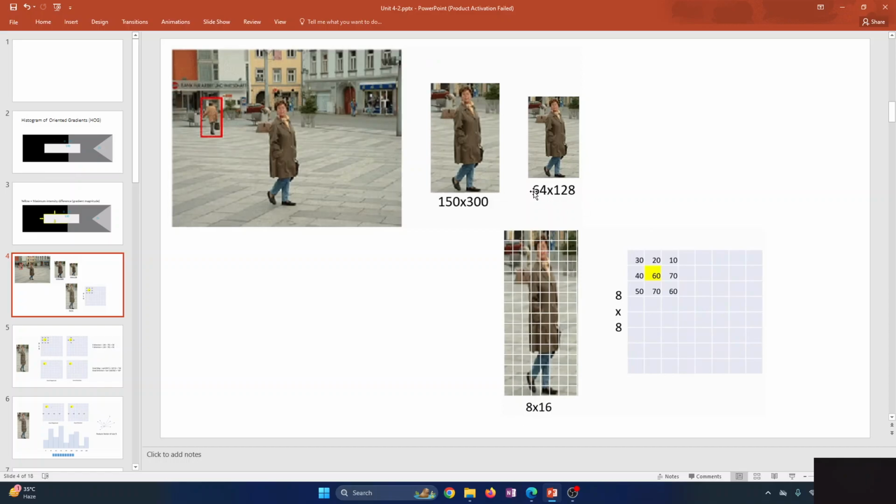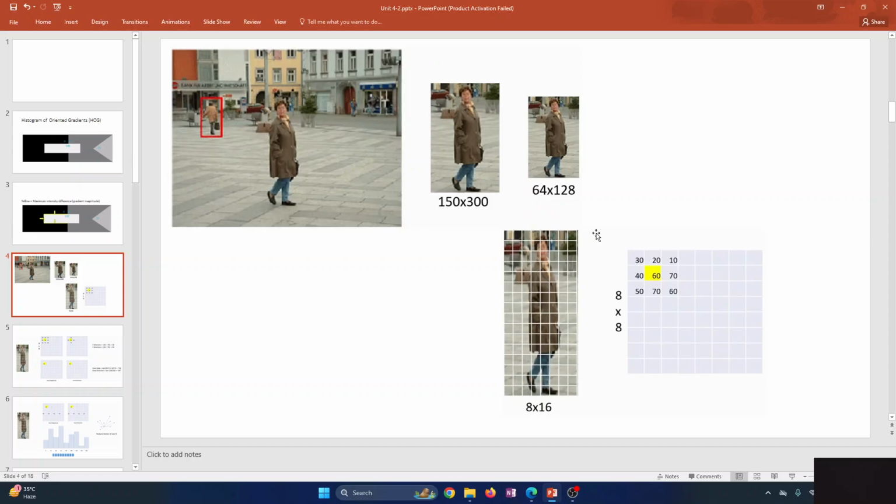So the first step is to extract a patch of the image of 1:2 ratio, and then resize it to 64 by 128. Clear? Once this partial image is clear to you, it will divide it into further grids.